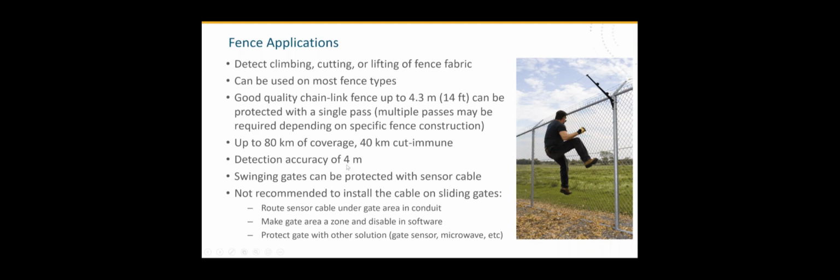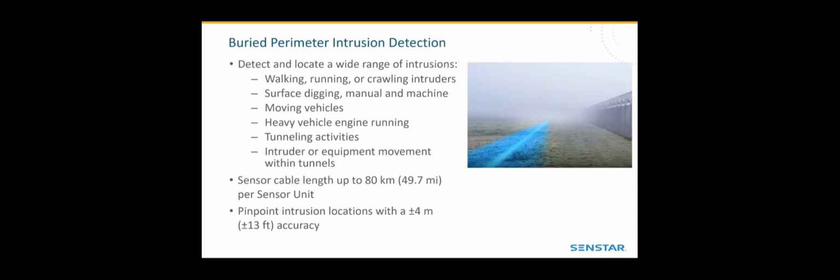And we will provide a detection accuracy of 4 meters. And the zoning is done in software. Not mentioned here on the slide, but in your software, you can define where zones should start and stop based on the down cable distance. And you can have up to 1,440 zones. So all the zones you could ever ask for, really.